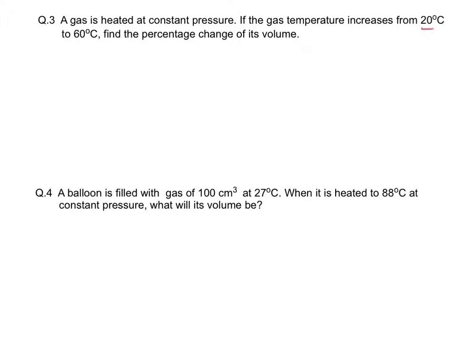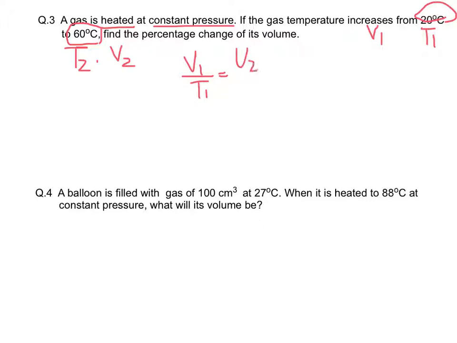At temperature T1 equal to 20 degrees Celsius, let the volume of the gas be V1. When the temperature of the gas T2 equals 60 degrees Celsius, let the volume of the gas be V2. Since the gas is heated at constant pressure, we apply the equation V1 over T1 equals V2 over T2.